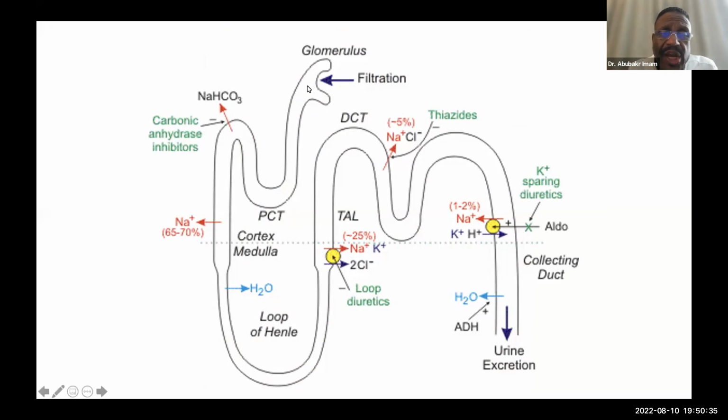As the filtrate goes through, a significant amount of bicarbonate gets reabsorbed. There is an enzyme called carbonic anhydrase, which, in the presence of water, will make it CO2 and water for it to get reabsorbed back in the proximal tubule.